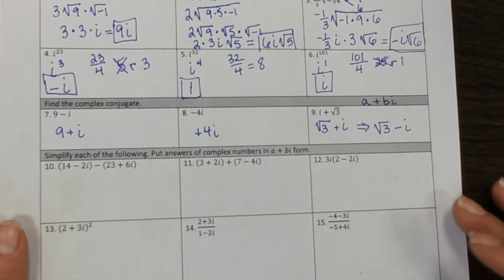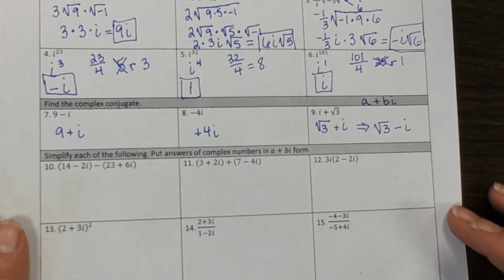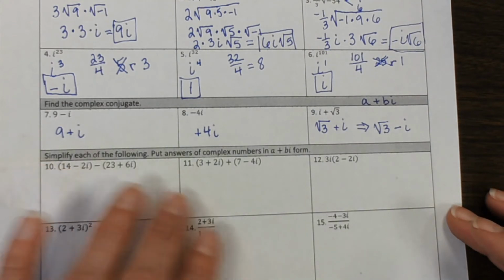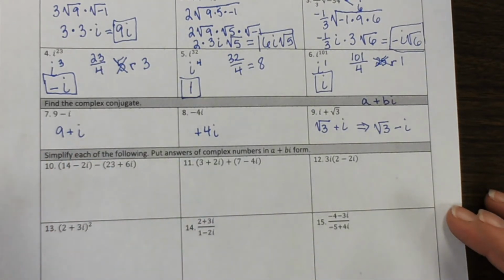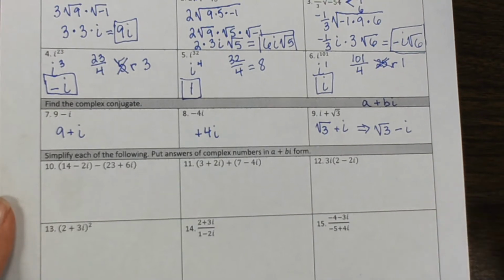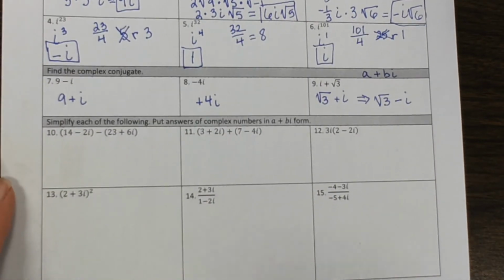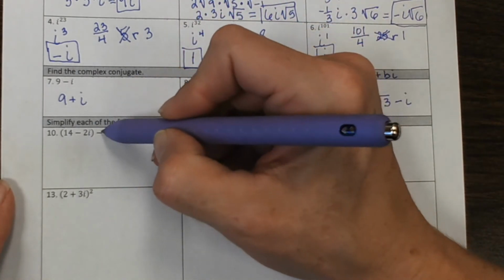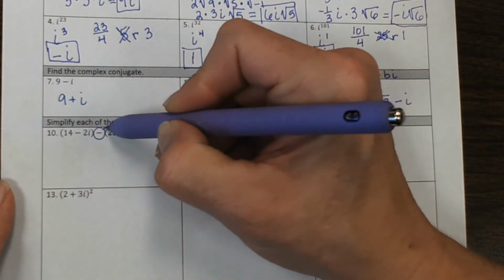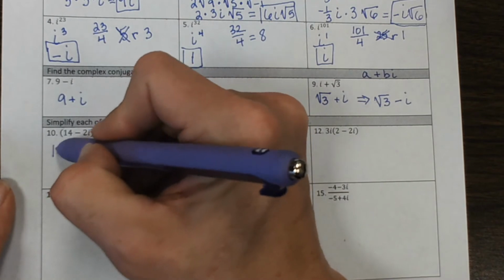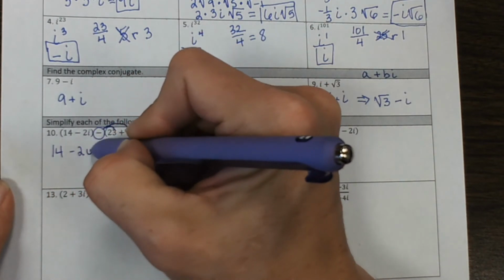All right, so simplifying with complex numbers. When we're adding and subtracting, you just consider them like terms. You have your real numbers that you can combine, and you have your imaginary numbers. So first of all, when I'm subtracting, I notice that I need to distribute this negative. So I have 14 minus 2i.